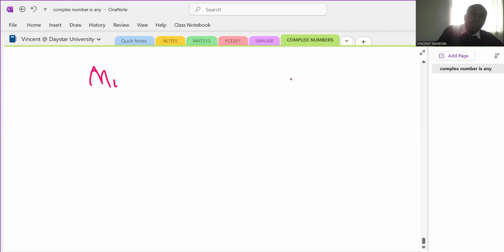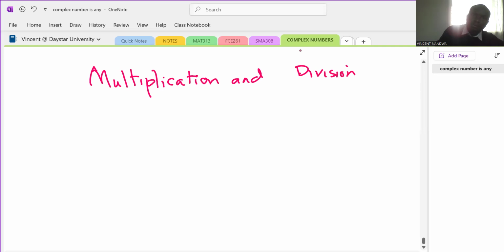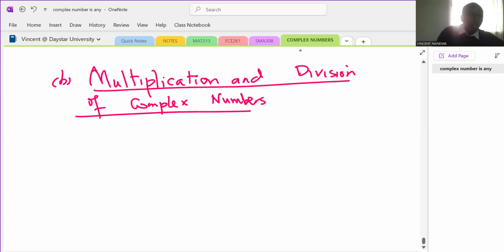So multiplication and division of complex numbers, we can apply the modulus argument form for dividing and multiplying numbers.